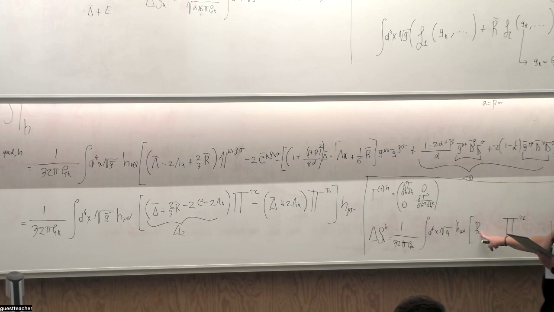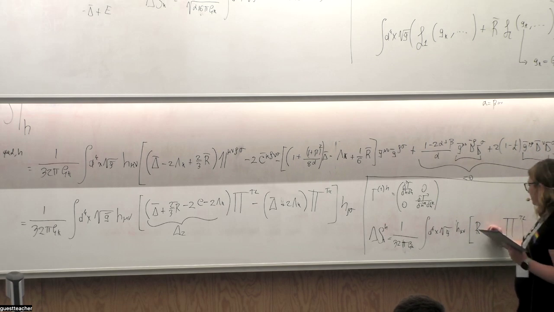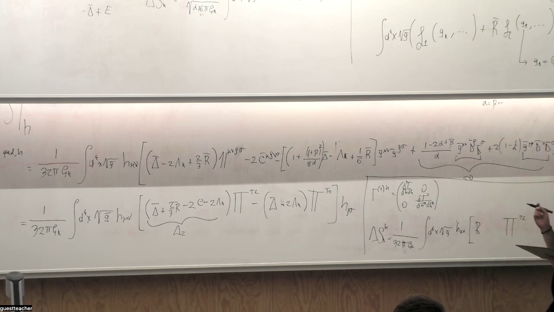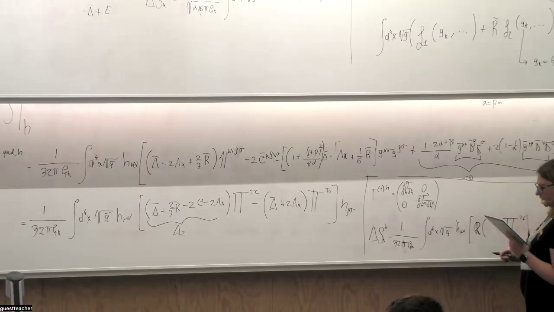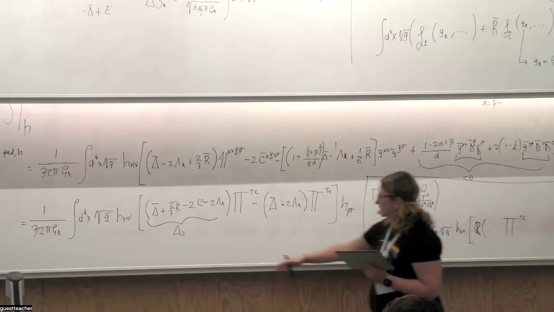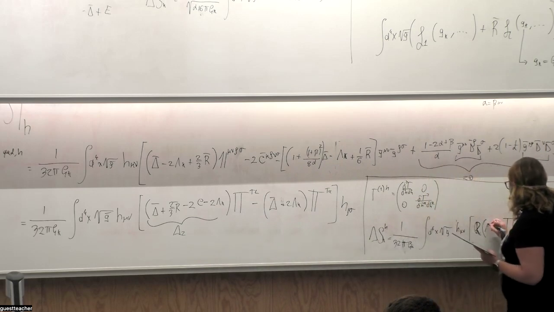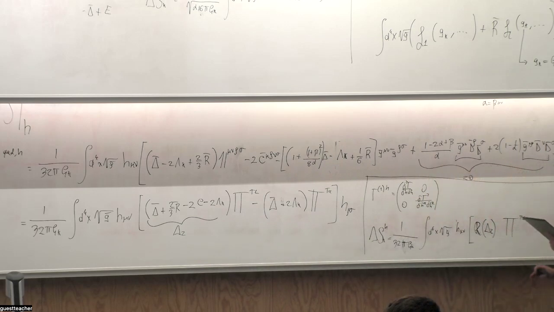For this term, we can use the same trick that we used before. This is the type 2 regulator, where I pack the endomorphism inside of the regulator. This is type 1. And I called this Delta_2, so this Delta_2 exactly goes inside here. And we have once again the projector, and this is for the gravity part.